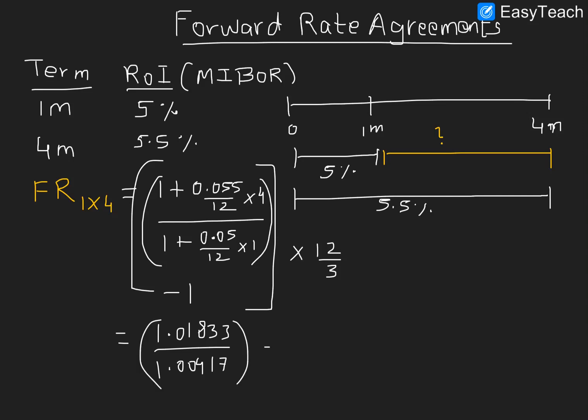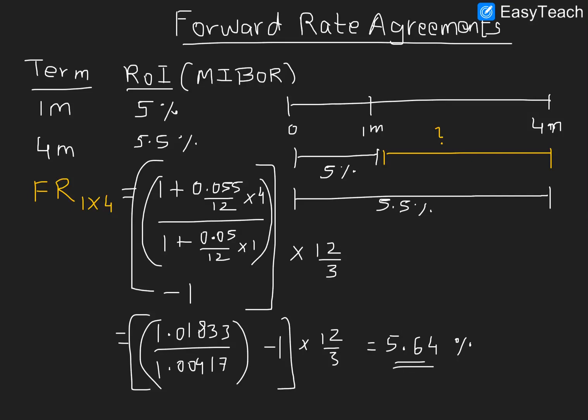This whole reduced by 1, then multiplied by 12 divided by 3. That gives us the answer as 5.64%. This is calculated taking a cue from the previous lecture. That's the forward rate for a loan or a deposit to be undertaken after 1 month and to be closed at the end of the 4th month.